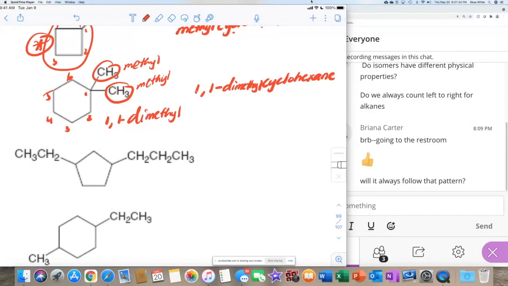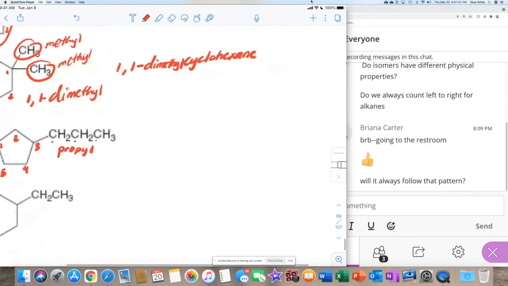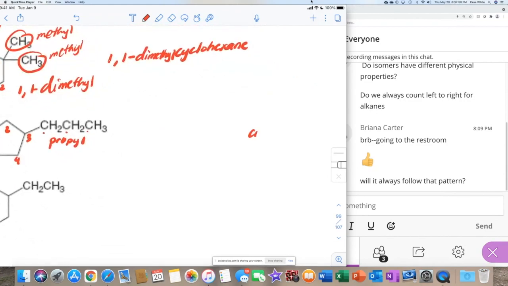Okay, let's see this one here. I have to name these first. This is two carbons, ethyl. One, two, three, three carbons, propyl. When you're numbering, the one that has the letter that comes first in the alphabet gets a lower number. So 1, 2, 3, 4, 5. We have 5 carbons. 5 carbons is what?